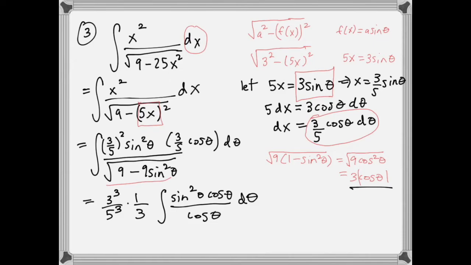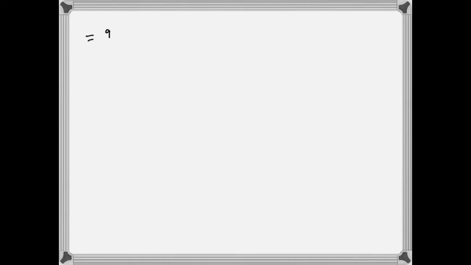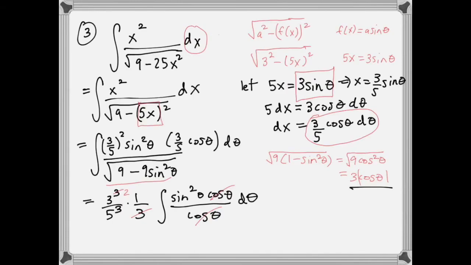And we can go ahead and cancel the cosine thetas. So really, we have just the integral of sine squared theta. What about these 3's on the outside? One of those 3's goes away with one of those 3's on top. So we're really going to have 9 over 125. So this is what we have. Right, let me just make sure. Yes, it looks like that's our integral, okay?